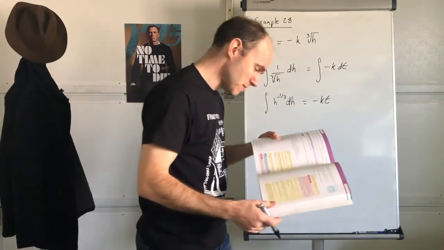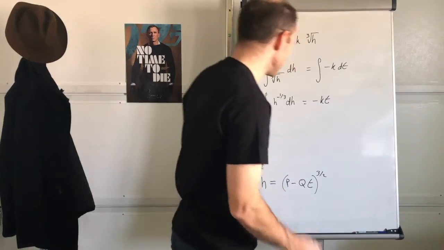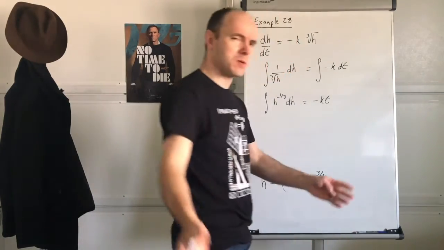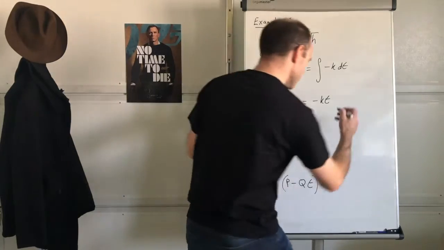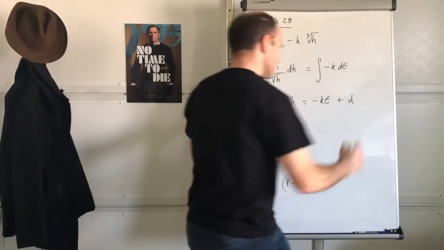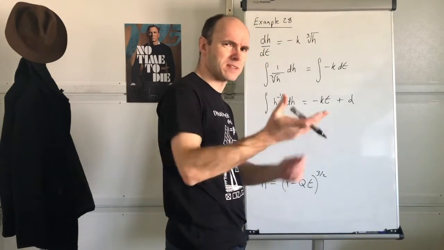So what letter would you like to use? Here's your one chance to say, use the force, give me a letter. D. I heard D. Okay, it comes after C, I imagine that's the reason why.